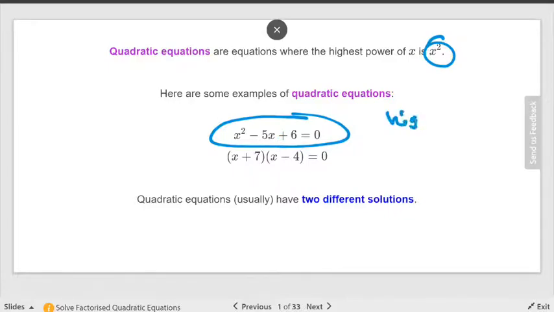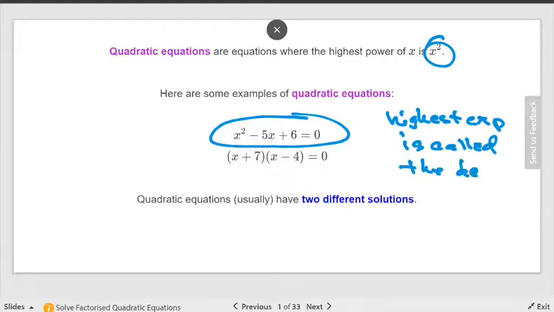The highest exponent, by the way, is called the degree. My handwriting is atrocious. But the highest exponent is also known as the degree. So the degree of this equation is what? 2, because the highest exponent is a 2. All right?